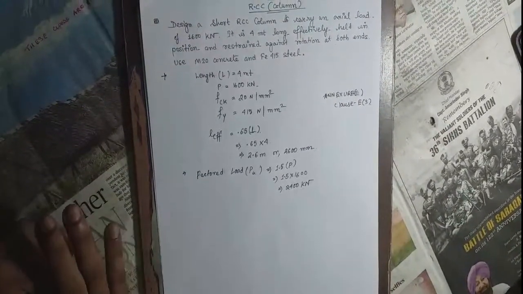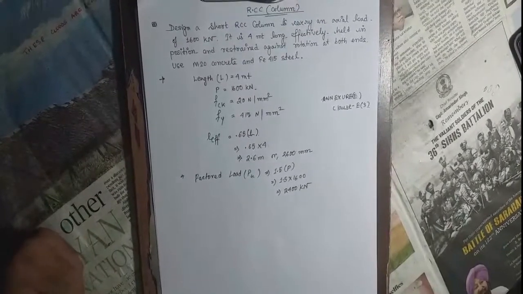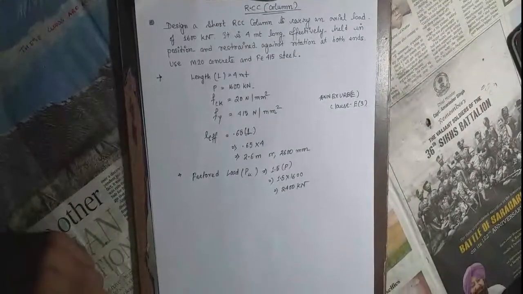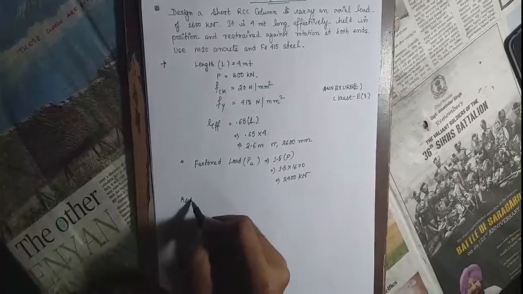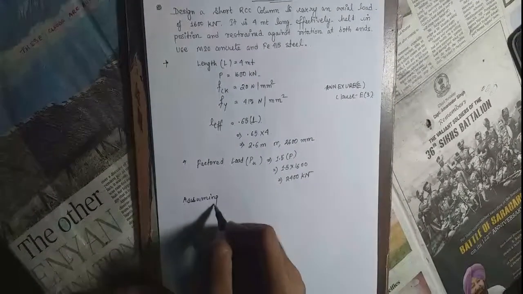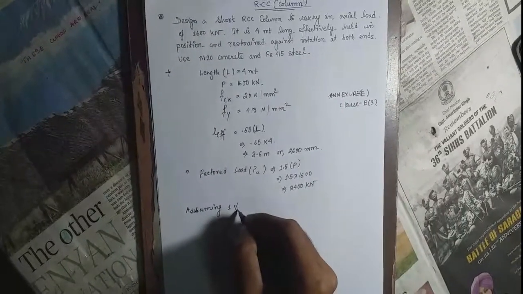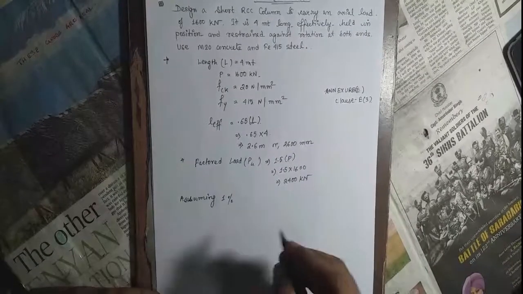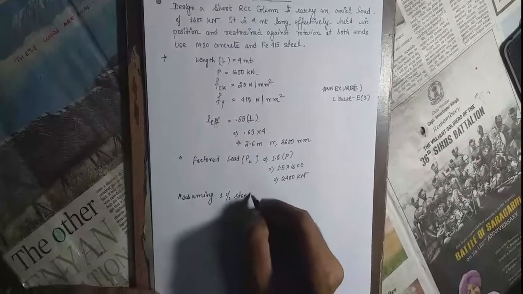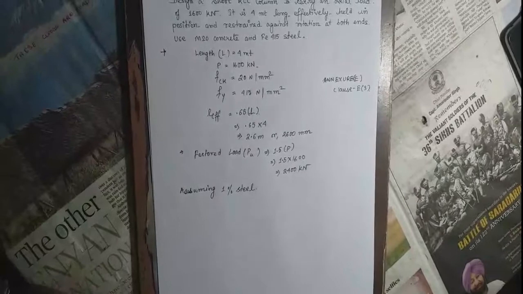Now we have to calculate the percent of steel. It is not given, so we can assume it. Assuming 1% of steel. Actually this is all from the IS codes, that you can assume 1% or 0.8% of steel. So I am assuming here 1% of steel.